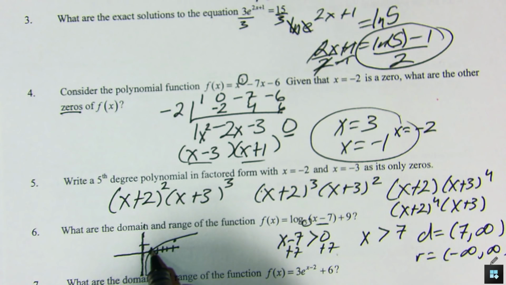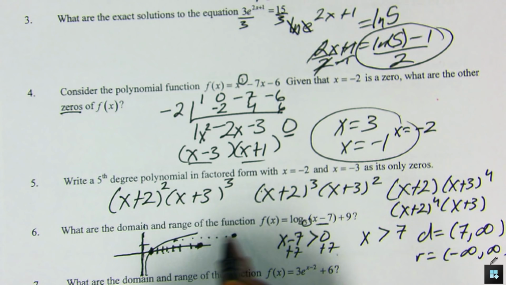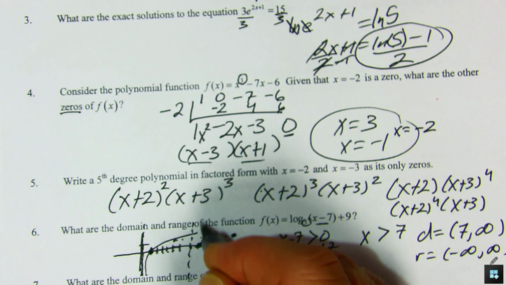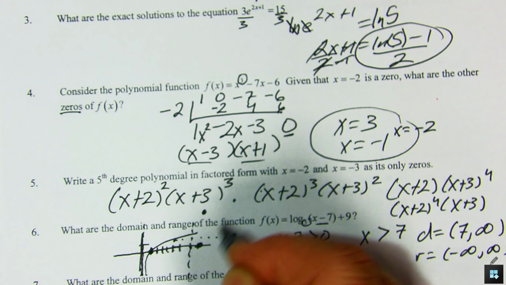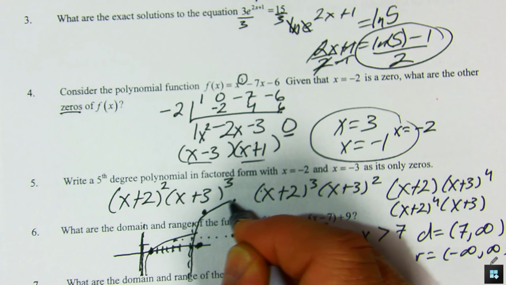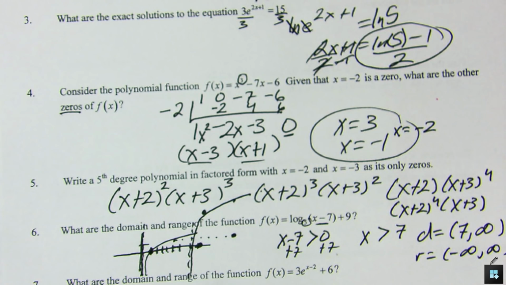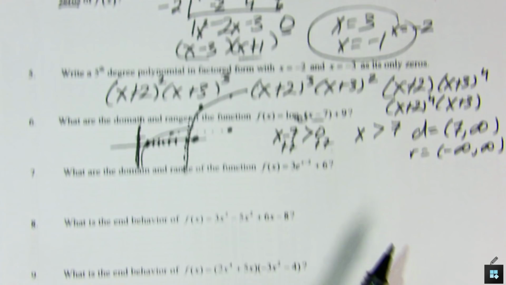So each point, 1, 2, 3, 4, 5, 6, 7. This point, 1, 2, 3, 4, 5, 6, 7. And this vertical asymptote, 1, 2, 3, 4, 5, 6, 7. And then they get shifted up 9. So the graph looks something like that. Again, you can see the domain is restricted, but the range is not.